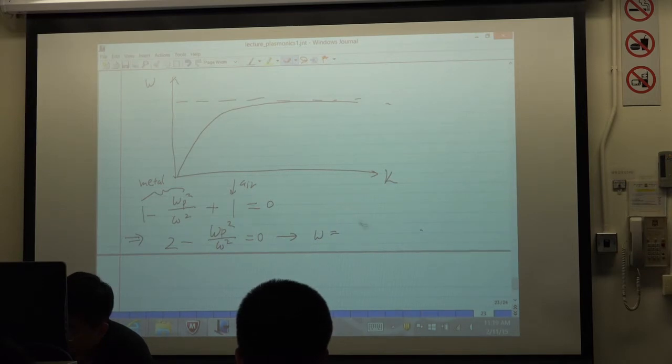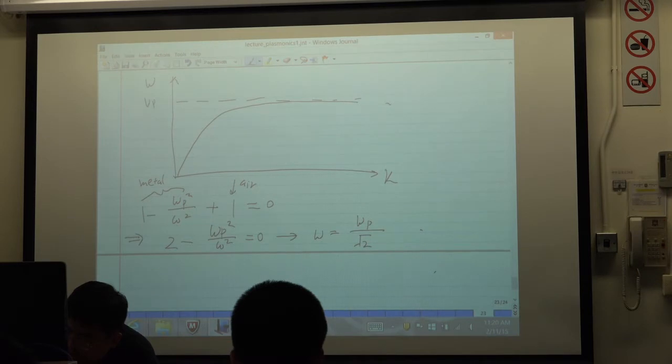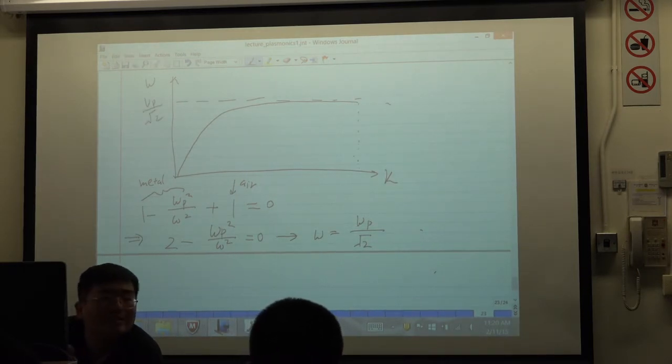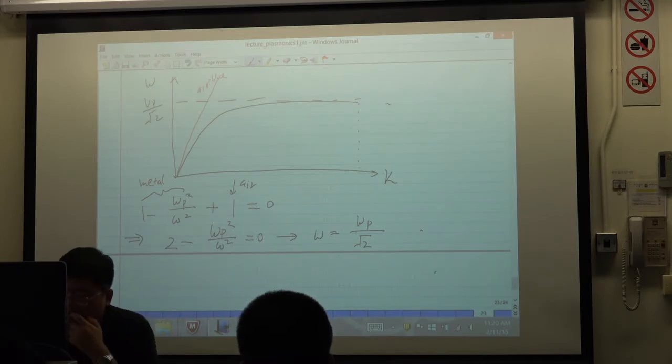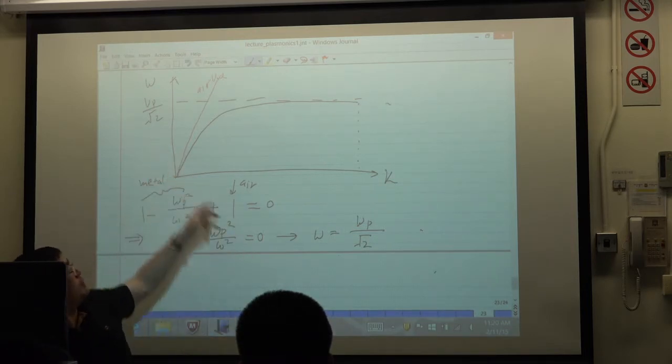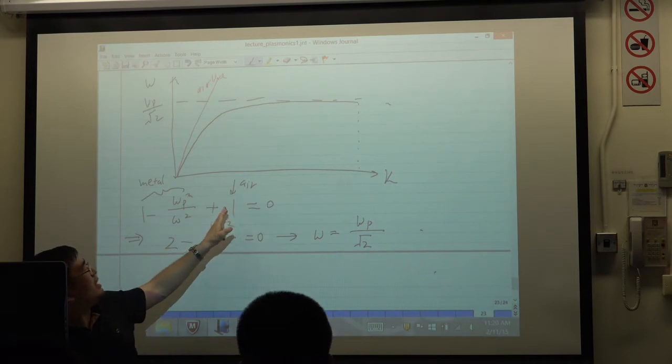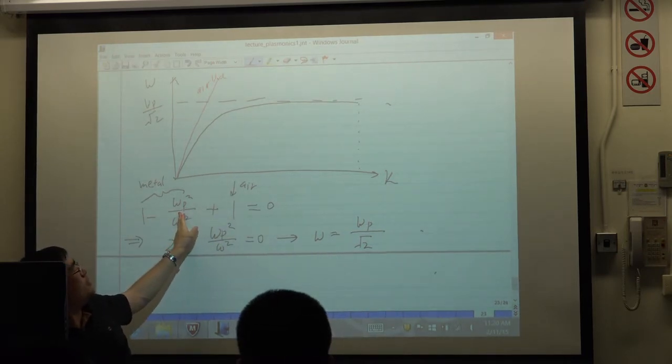This is omega p. This is omega p over square root of 2. Because this k goes to infinity, this is the resonance. This is the light line. So everyone knows why it is omega p over square root of 2. This is the resonance condition: the epsilon of the dielectric plus epsilon of the metal goes to 0.